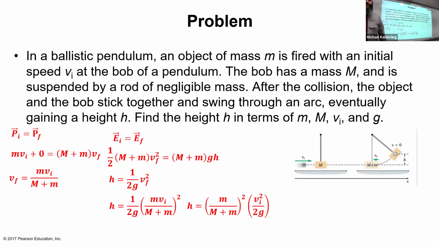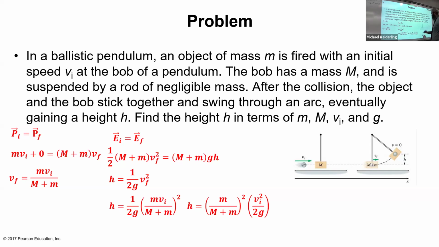And in general, you're actually more interested in going the other way around, where you know h and you're trying to find the initial velocity. But that is just, let me do some quick algebra.